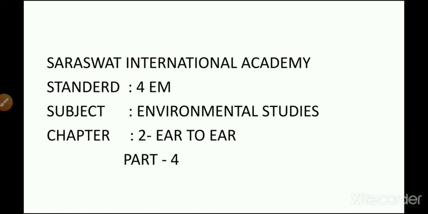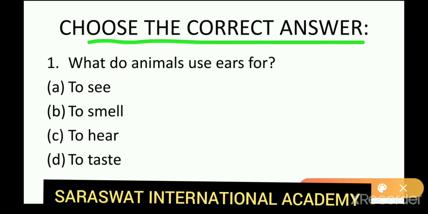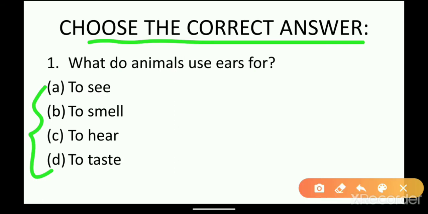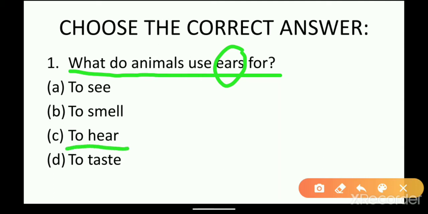Let us start. Choose the correct answer. Here a few options are given, from which you have to choose the correct answer and write. First question. What do animals use ears for? We all use our ears to hear.